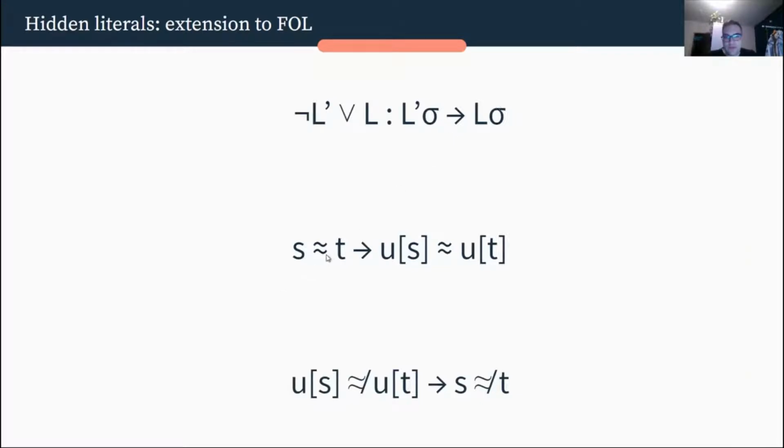Also, whenever we have an equality, we have that this equality holds under any context. Whenever we have a disequality, we can take out the particular elements under the same context, and then state that those elements that are under the same context must be different.